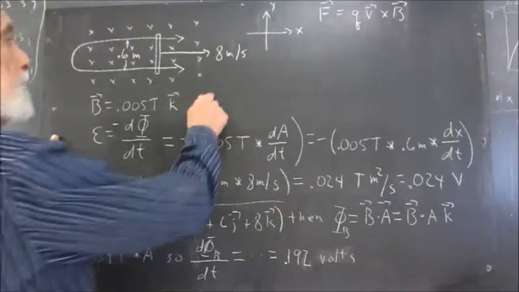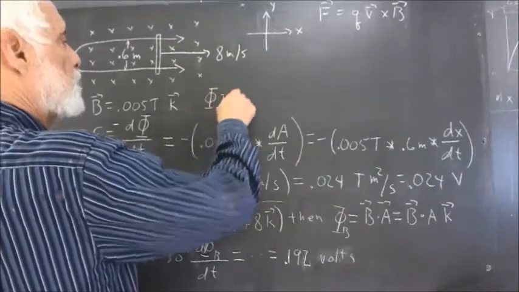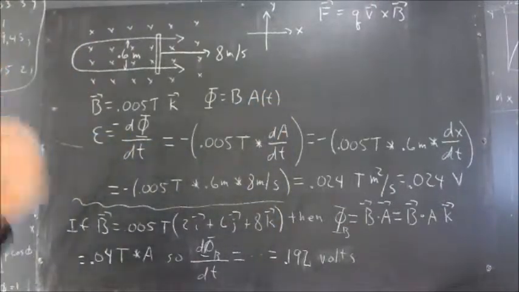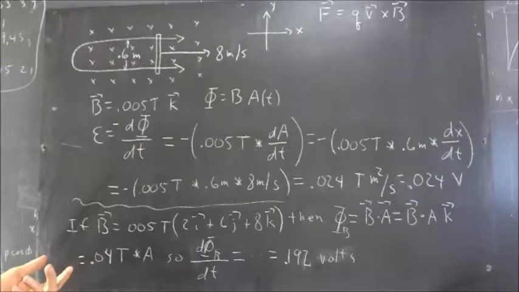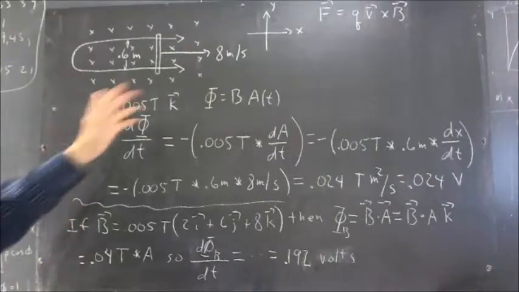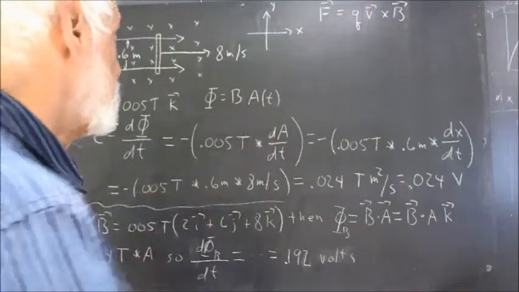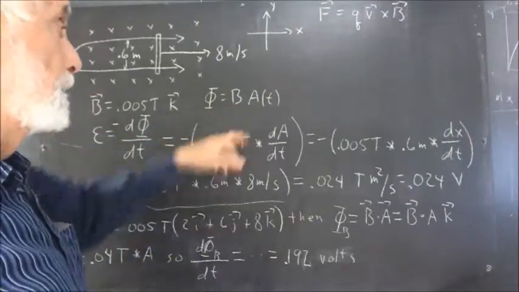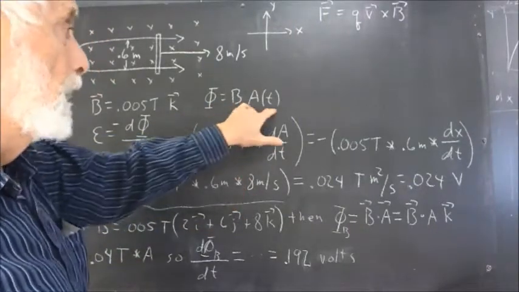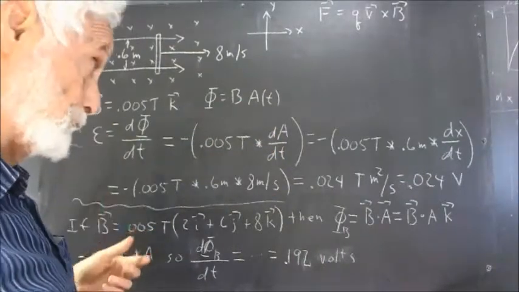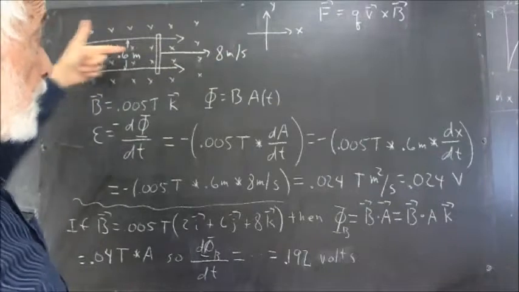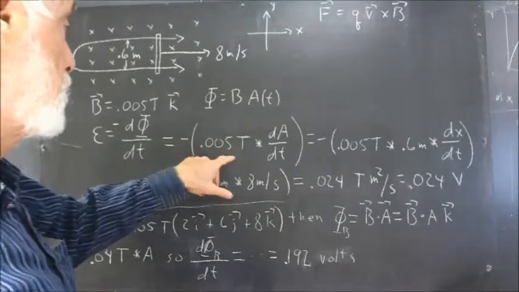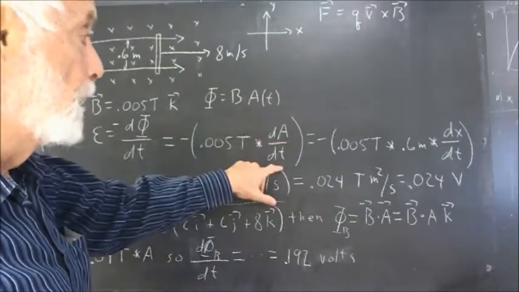So phi equals B dot A of t, and we can confirm that the dot product is going to have magnitude B times A of t. B is a constant, and the area A of t is going to be the variable because, of course, as the bar moves, we're getting more and more area. So we get an EMF of 0.005 Tesla times the derivative of the area.